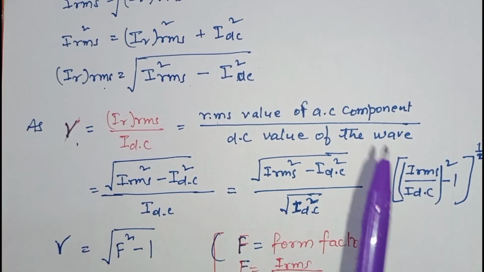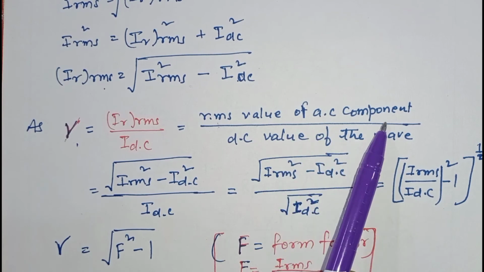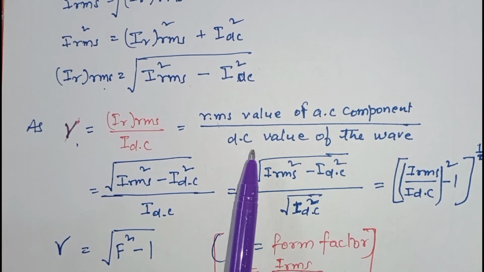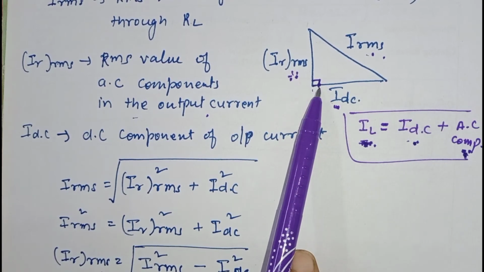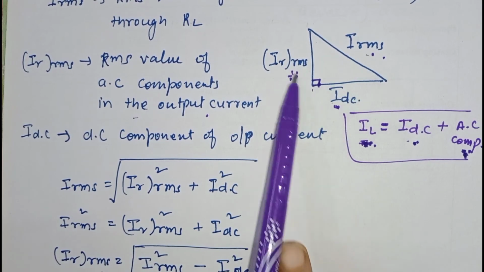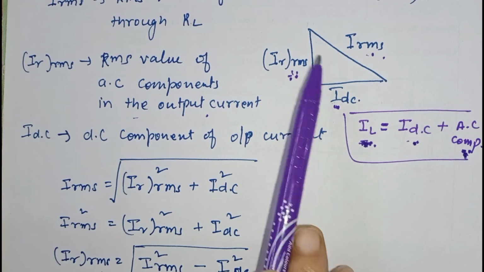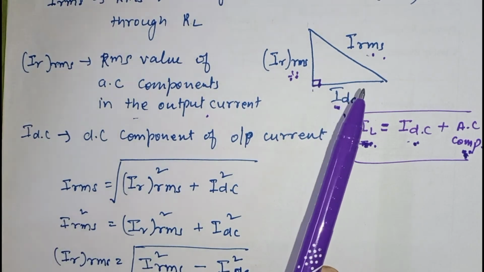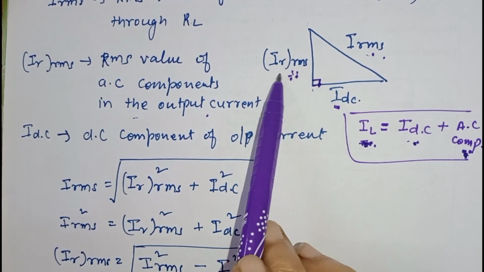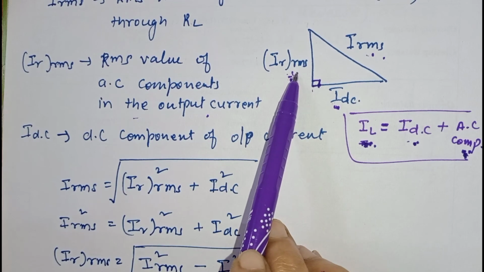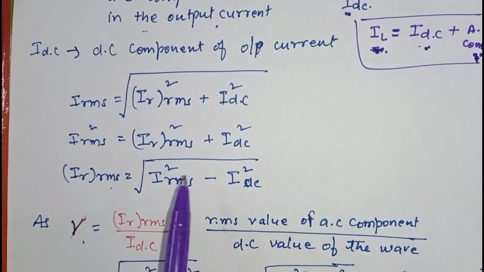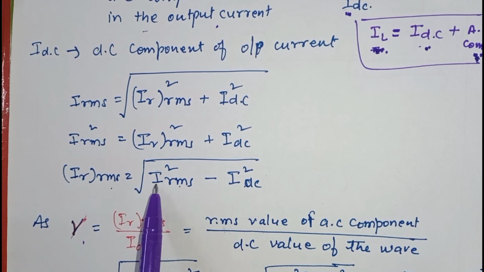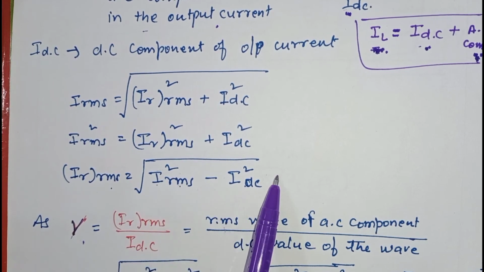Formula for ripple factor is RMS value of AC component divided by the DC value of the wave. Now by using Pythagoras theorem, because this is a right angle and these three currents are related by this right angle, we can calculate the RMS value of AC component. So the RMS value of AC component is equal to root of IRMS square minus IDC square.